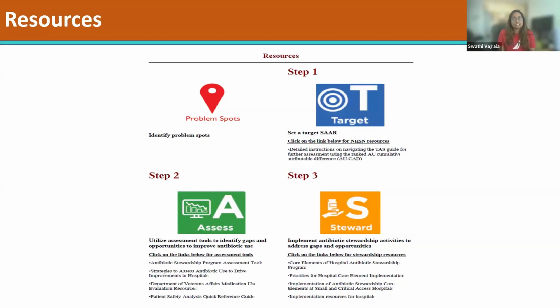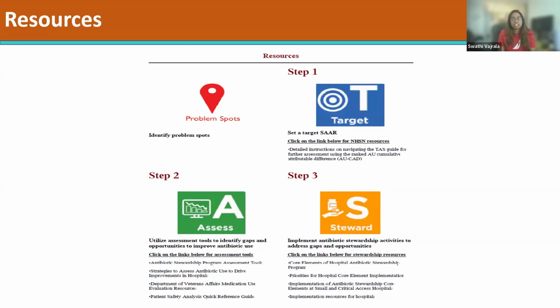You can also use assessment tools to identify gaps and opportunities to improve antimicrobial use, and should select the assessment approach that best aligns with the facility's priorities, resources, and stewardship activities. Below, you can evaluate the comprehensiveness of the antibiotic stewardship program, such as core element implementation, in the document entitled Antibiotic Stewardship Program Assessment Tool, while other assessments focus on identifying, in more detail, the opportunities where antibiotic use may be improved.